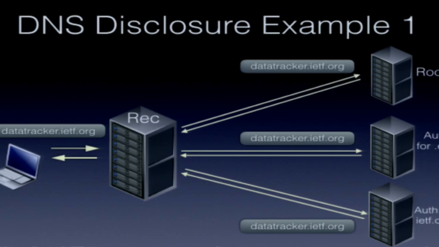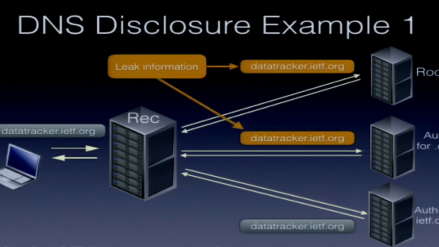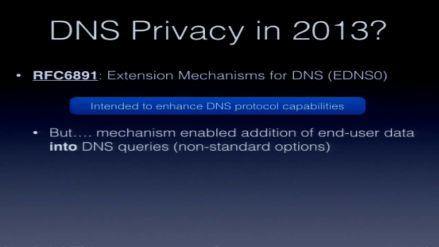Now, with hindsight and your privacy hat on, you look at this and go, oh, that infamous bad idea fairy was around when they thought of this, because those two queries are leaking information. Who at the root needs to know the full question that the client asked? They don't need to in order to resolve it. But this was how the DNS was designed originally.